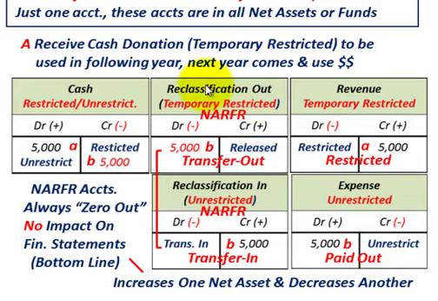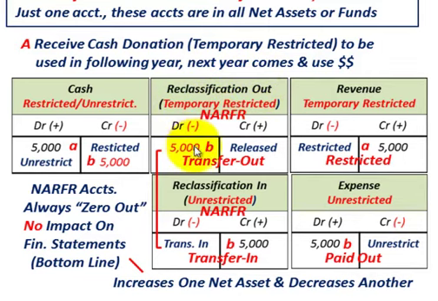So before we can actually pay out that $5,000 in the next year, we will simultaneously make these entries. We have to release that cash. The cash that was restricted has to become unrestricted, and we do that through this reclassification account.